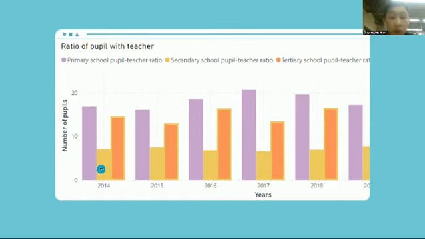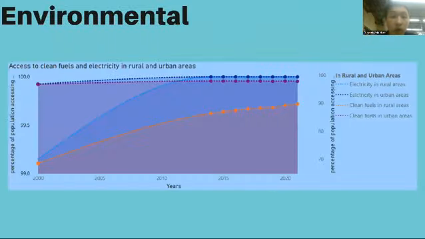In secondary school it's lower than everyone. And in the third one, orange, in tertiary school, we can see that it's about 12 or 13 pupils over the years.